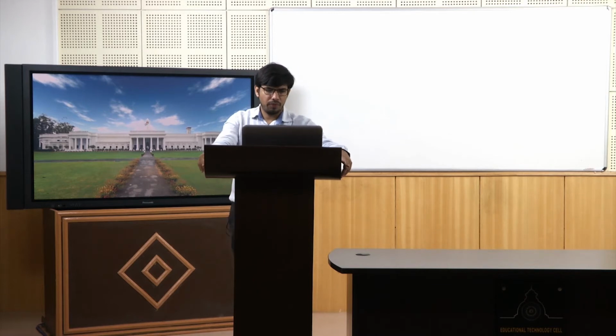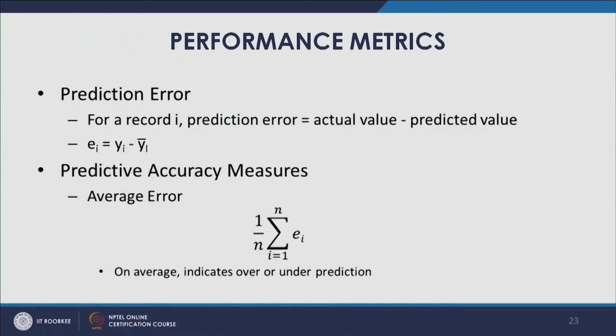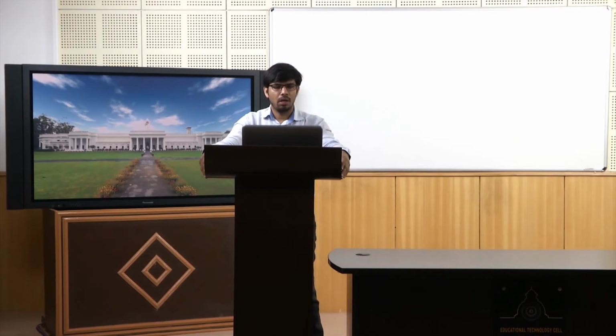Now, let us discuss a few metrics that are applicable in the prediction task. The first one is prediction error. For any record i, we can always compute the error. Once we build our model on the training partition and apply it to records in the validation partition, or even the training or test partition, for every record the model is going to give us a score, the predicted value, and we will also have the actual value of that record.